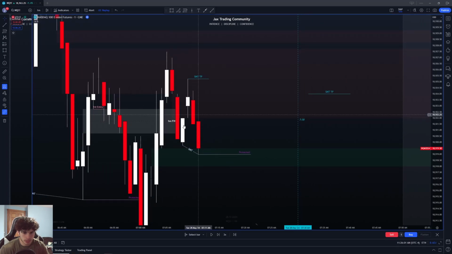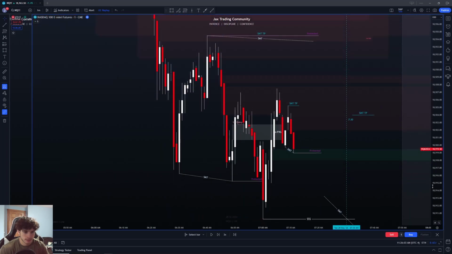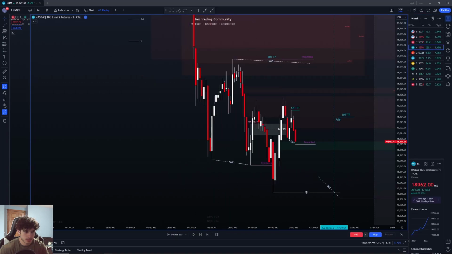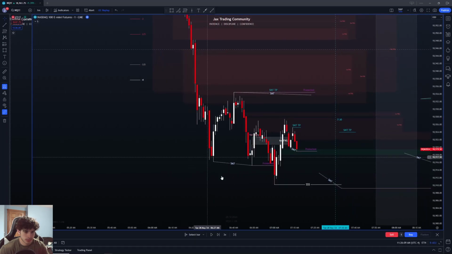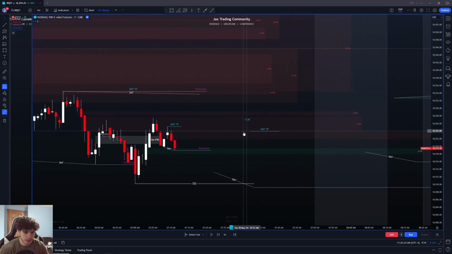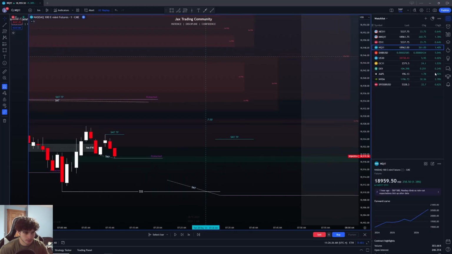This is a super small model compared to, for example, this model, right? It's fractals. This model right here, where it's an SMT displacement up, it's the exact same thing. It's sort of the same thing right here, right? This right here is the same as this. It's just fractaled down.